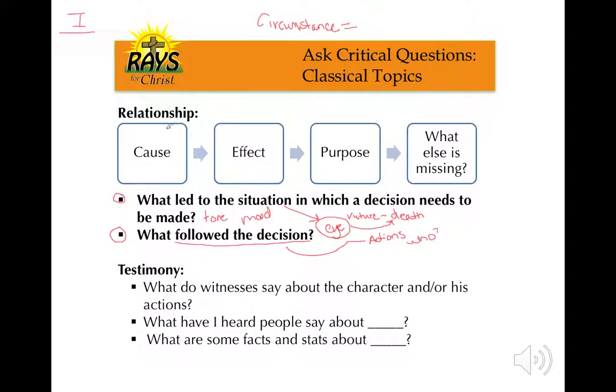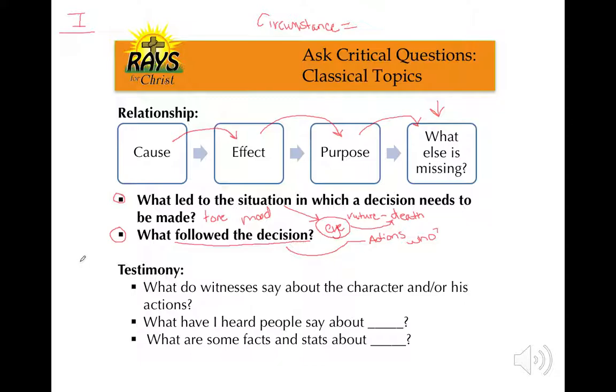The biggest thing, I'm a visual learner, is you're looking basically in a relationship at the cause. What was the effect of that cause? Was there a purpose to that effect and that cause? And what else is missing that I may not be thinking about or may not have information that I might need to know? Okay?